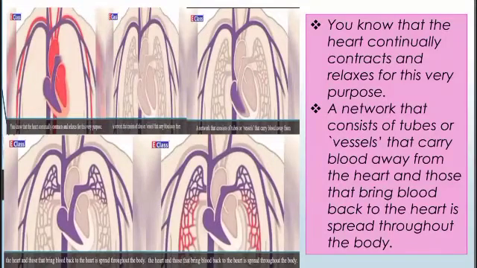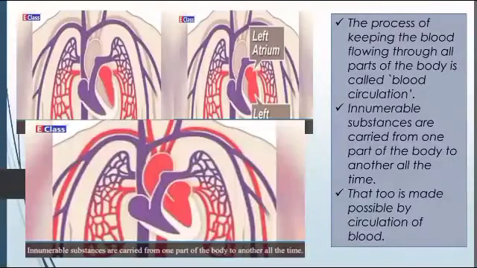That means this network of vessels helps the blood flow into different parts of the body. The process of keeping the blood flowing to the different parts of the body is called blood circulation. Because of this blood circulation only, we can carry out different activities.